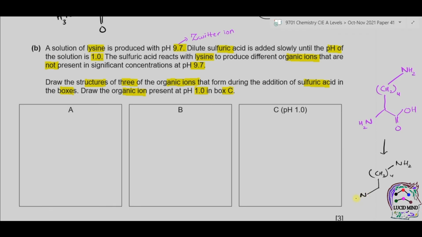We have one more hydrogen atom on nitrogen as it is the basic part, so NH3, and the charge is positive. While on the carboxylic acid part, a proton is lost, so it will be O negative, and this is the Zwitterion. It will be present at pH 9.7.